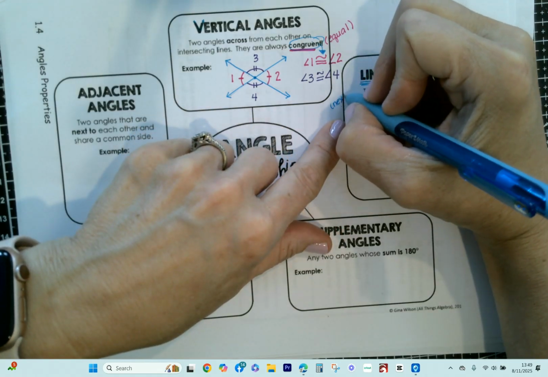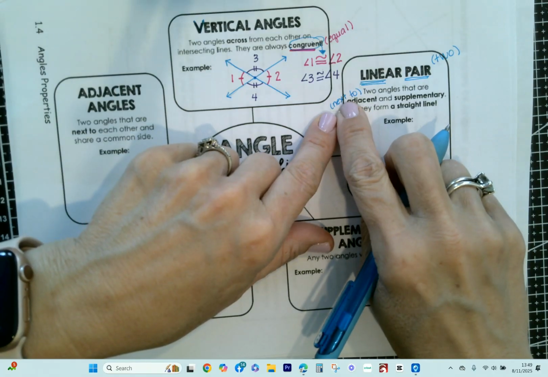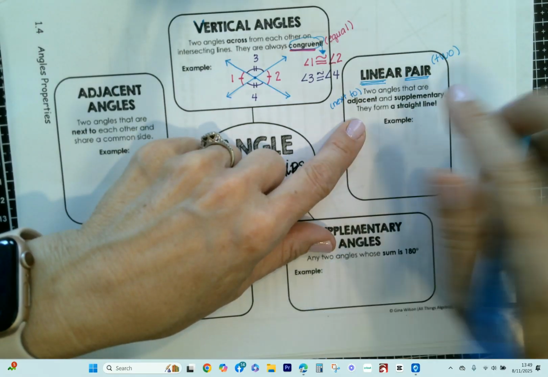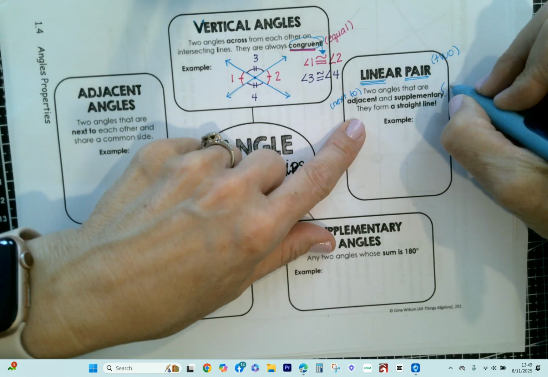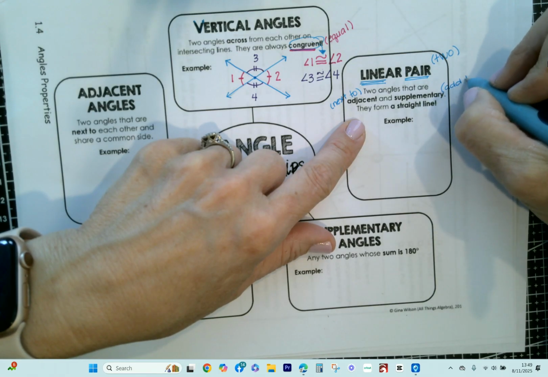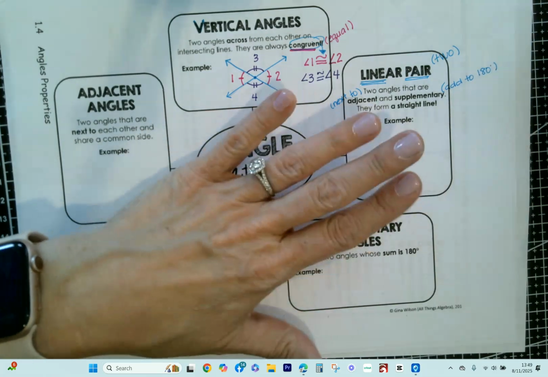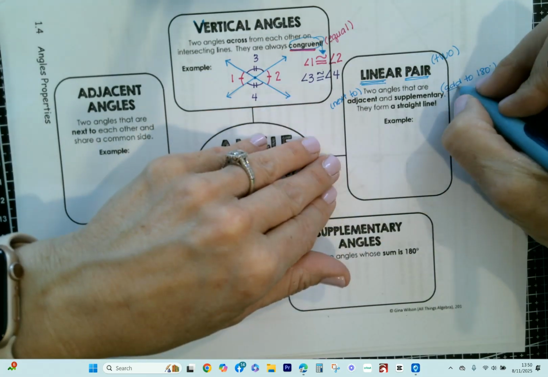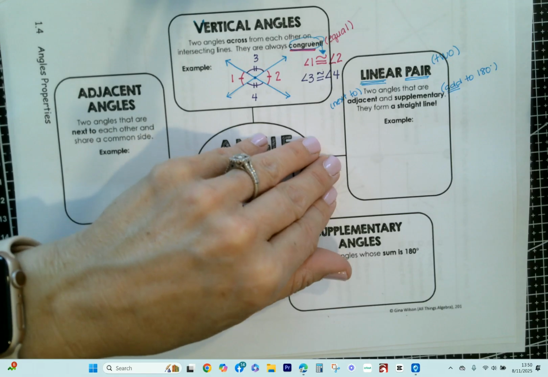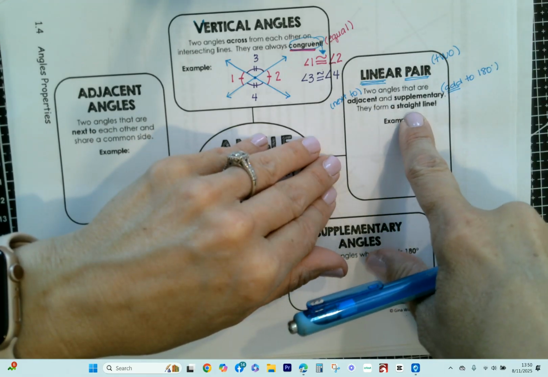So let's write that down: adjacent means next to. And supplementary. Supplementary means that they add to 180 degrees. They're not 180 each. They add. They combine to get 180. And they're going to form a straight line.